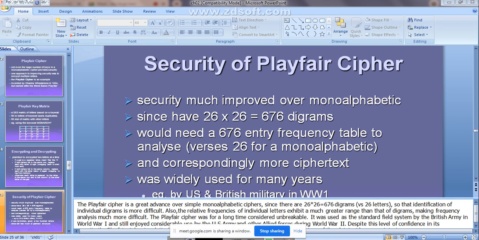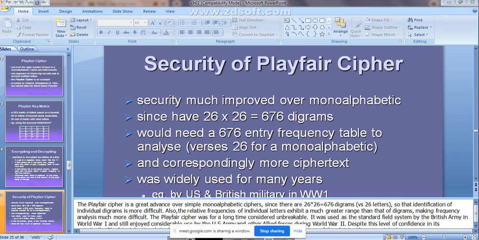So the security is much improved, since it uses 26 by 26, so totally 676 diagrams will be there whenever you convert the plain text into the ciphertext.